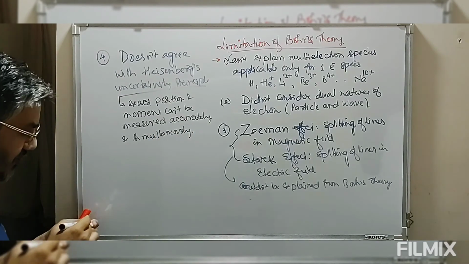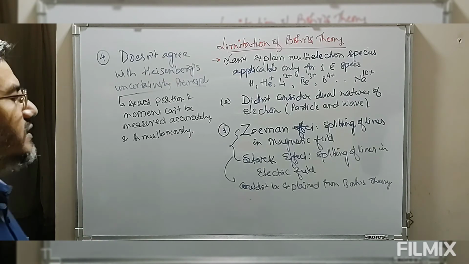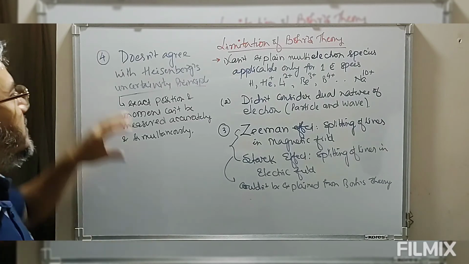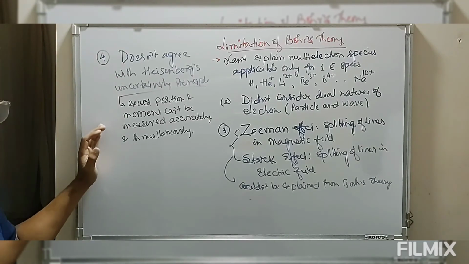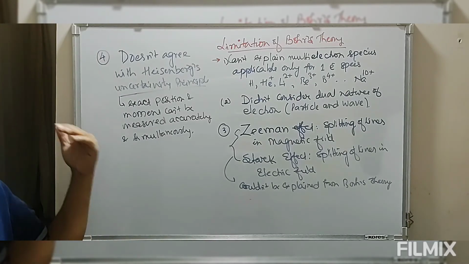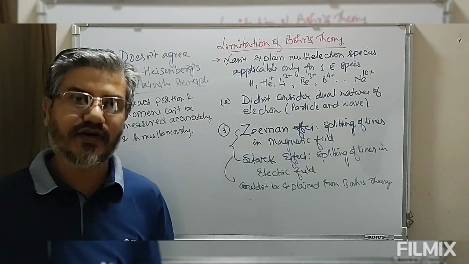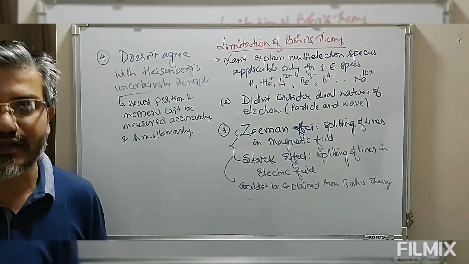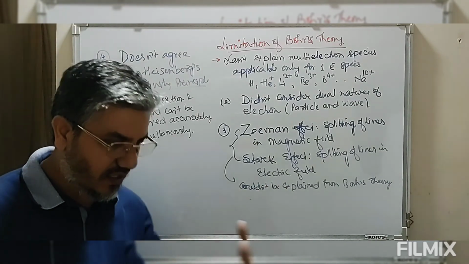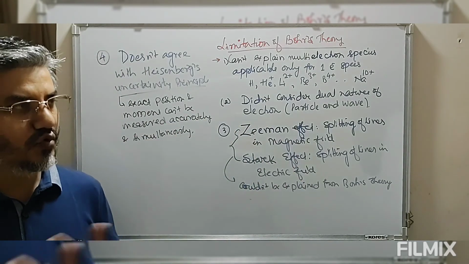If the momentum is 100% accurate, then the position will be inaccurate. That is uncertainty, and this is what we call Heisenberg's uncertainty principle. So Bohr's theory does not agree with it, whereas in Bohr's theory we can exactly define the location as well as the momentum of the electron while it is orbiting in a particular fixed orbit.